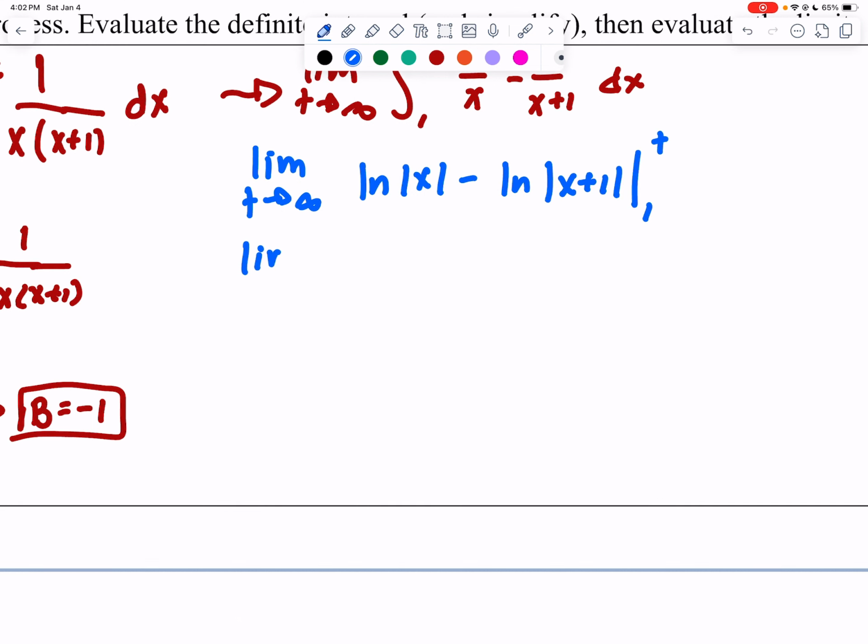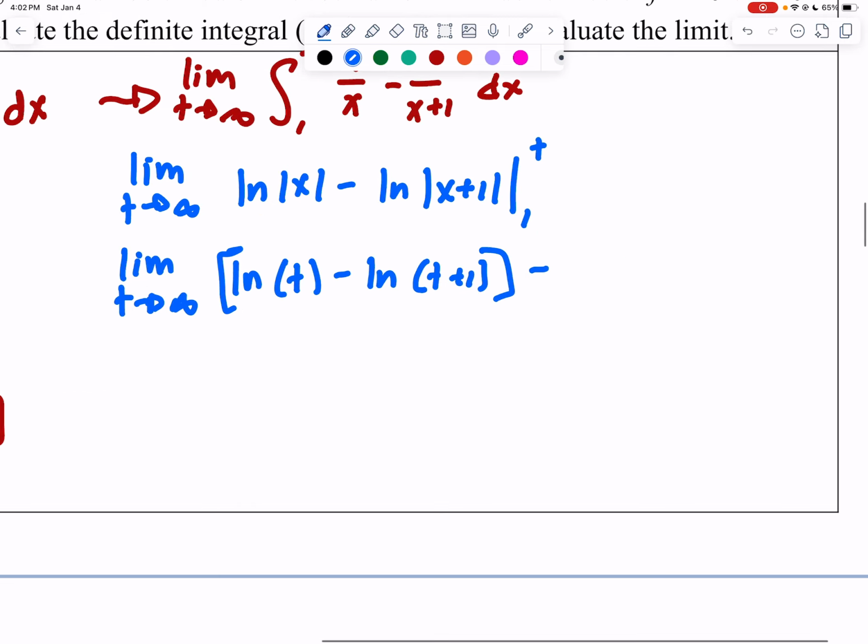But I'm going to go ahead and use FTC and have ln of t minus ln of t plus 1. That's my first part. Minus ln of 1 minus ln of 2. Now, of course, we know that ln of 1 is going to be 0.